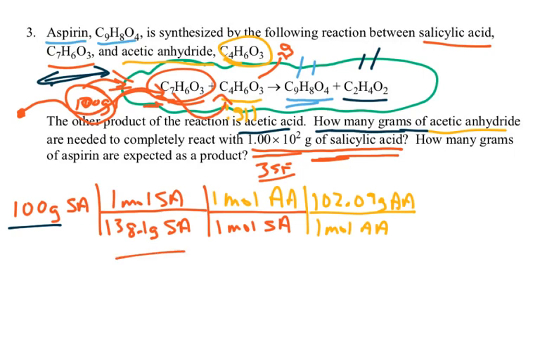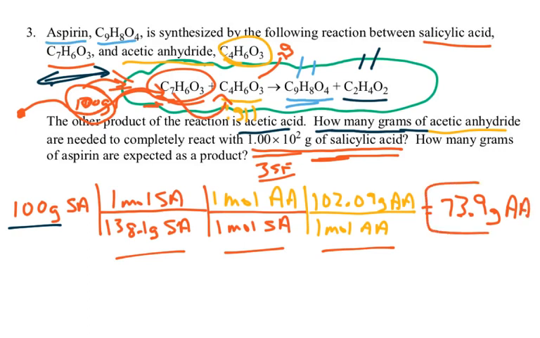When we're on the island, we go from one thing to the other, then we get off the island. That's all you do, okay? So this is 73.9 grams of AA, acetic anhydride. And you probably shouldn't call it AA at that point. You should probably call it C4H6O3.